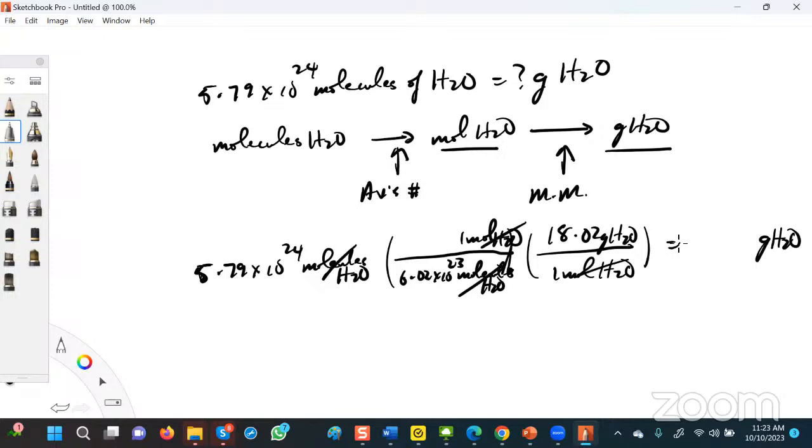I think I forgot to include the times 10 to the 24, divided by 6.02 times 10 to the 23, and then multiply by 18.02. Okay, now this looks more like it. Okay, so according to my calculations, the final answer is 173 grams of water. All right, and that's how you do that.